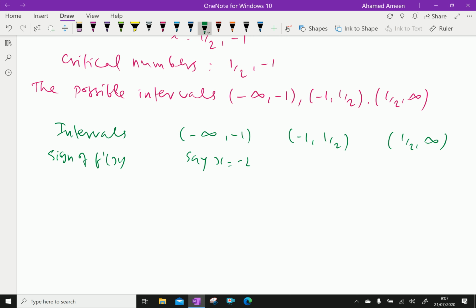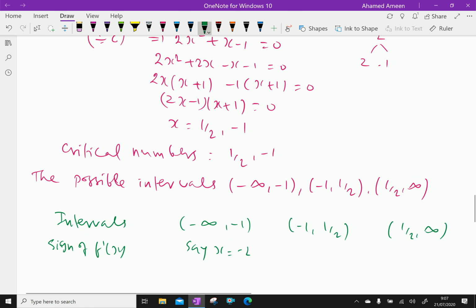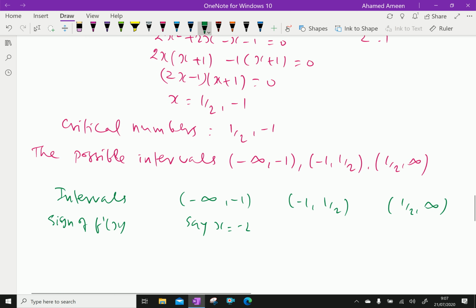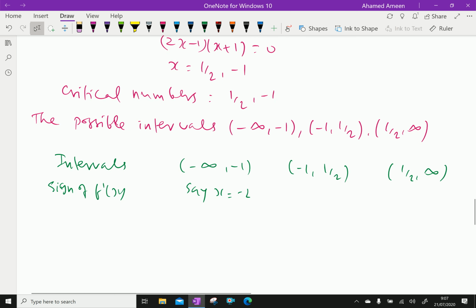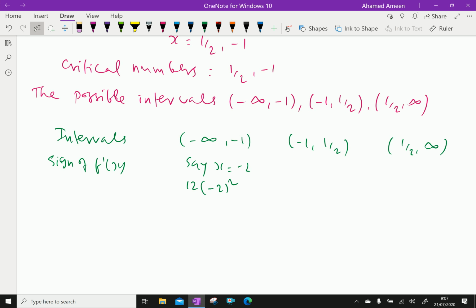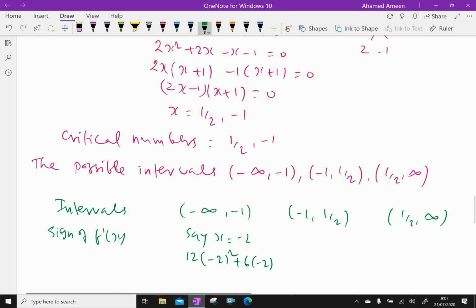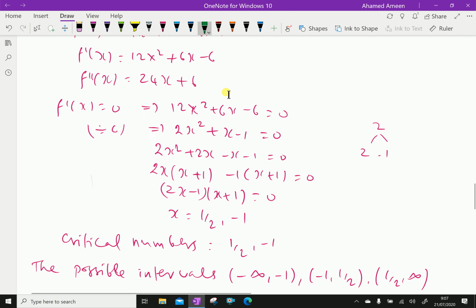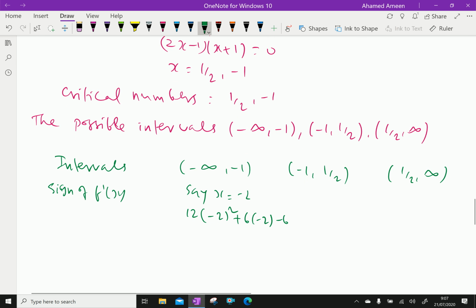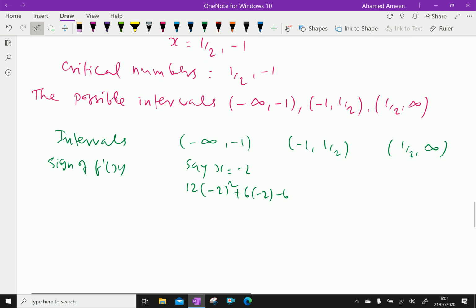For that we'll substitute in f dash of x, which is 12x squared plus 6x minus 6. 12 into minus 2 squared plus 6 into minus 2 minus 6 gives a positive value.